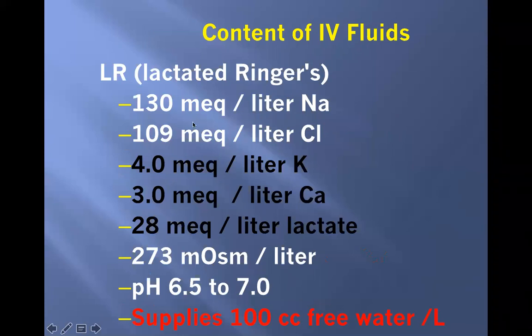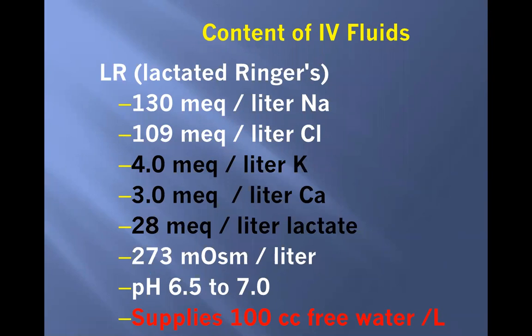Here is the ringer lactate solution. The ringer lactate contains sodium 130 milliequivalent per liter, chloride 109, and in addition to the normal saline, here we add potassium, calcium, and lactate. The osmolarity is about 273.